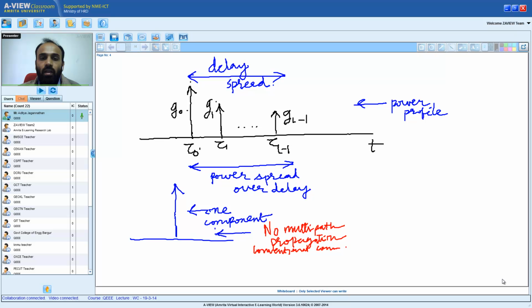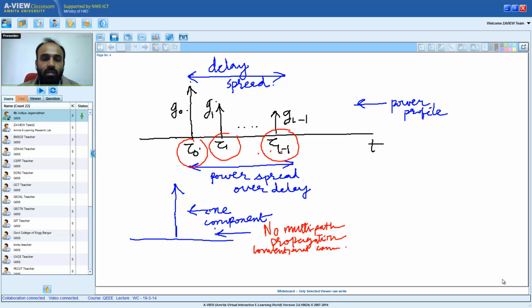However, in a wireless communication system, because of the multipath propagation, these multiple components corresponding to the multiple scattered paths arrive at different instances of time. One arrives at tau naught, one at tau 1, and so on, one at tau L minus 1. These different components with different powers arrive at different time instances.